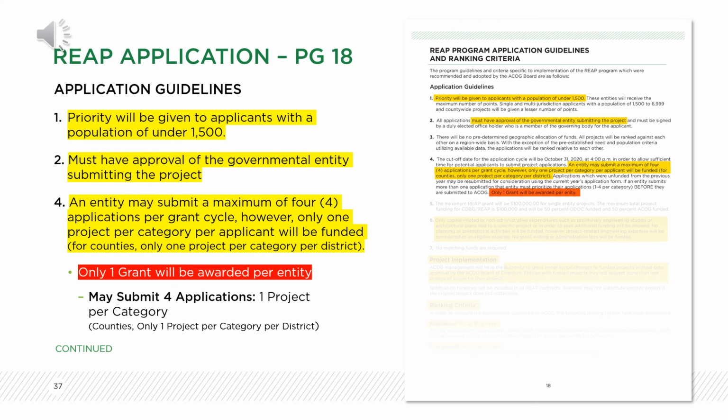Because REAP grants focus on rurality, priority will be given to applicants with a population of under 1,500.